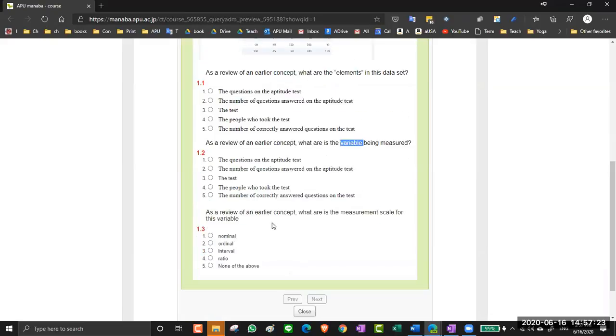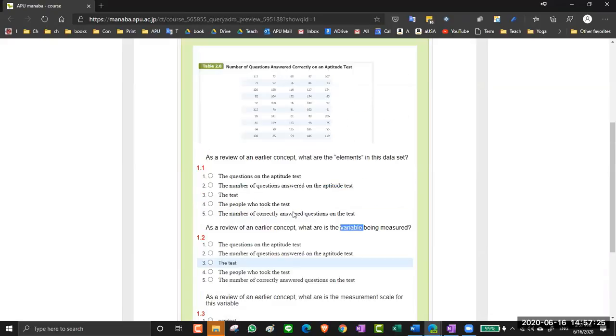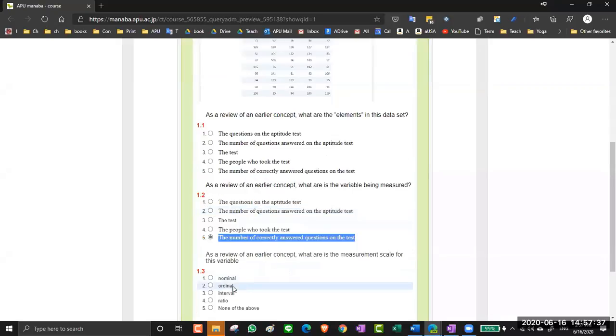Okay, and then last one. With regard to this variable, the number of correctly answered questions, is that nominal, ordinal, interval, or ratio? Ordinal. Interval. Ratio.